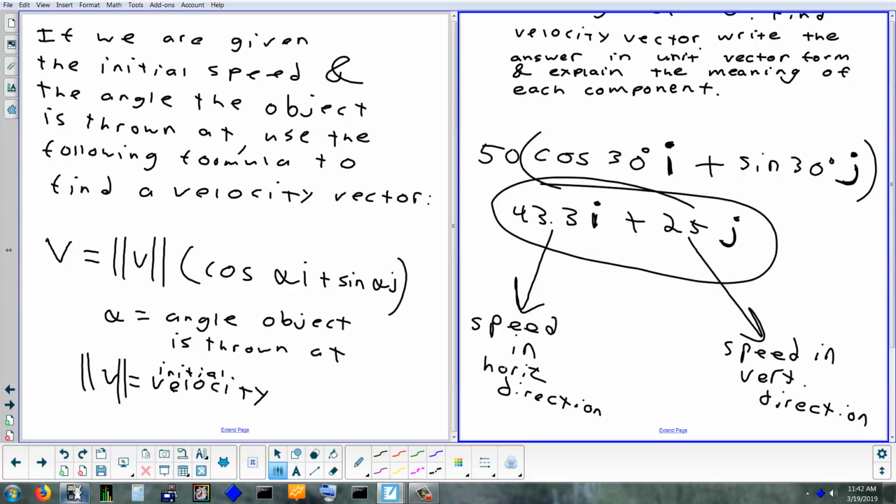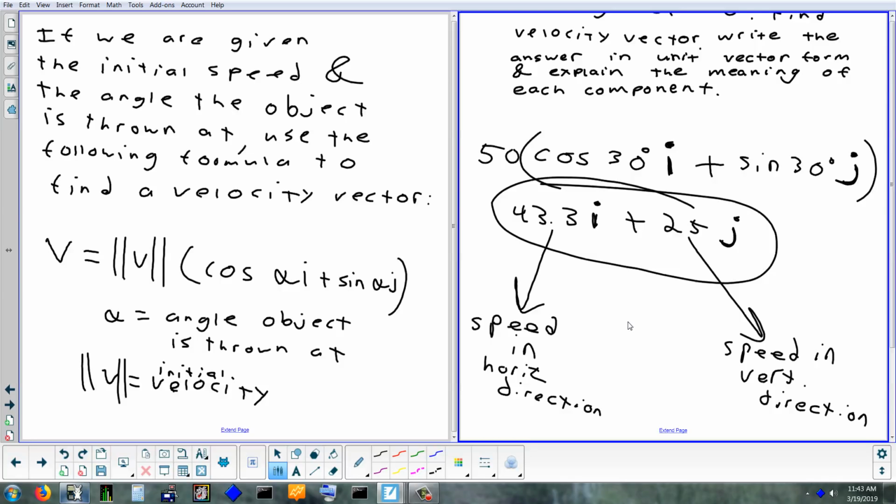What's a little tricky about the vertical speed is that it's the vertical speed the second the ball leaves your hand, like the millisecond it leaves your hand. But what happens to that vertical speed the whole time as it's traveling? What happens if you throw something up?